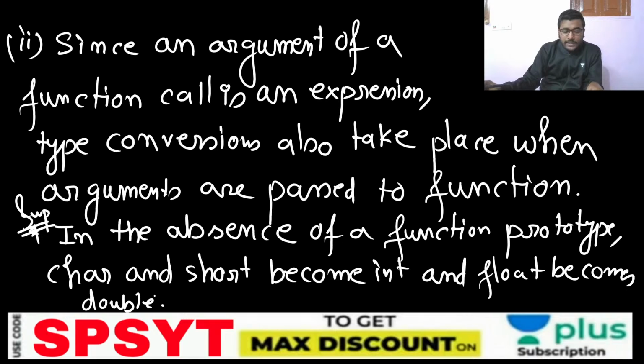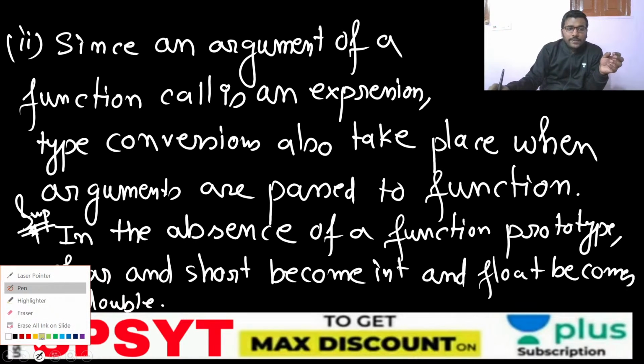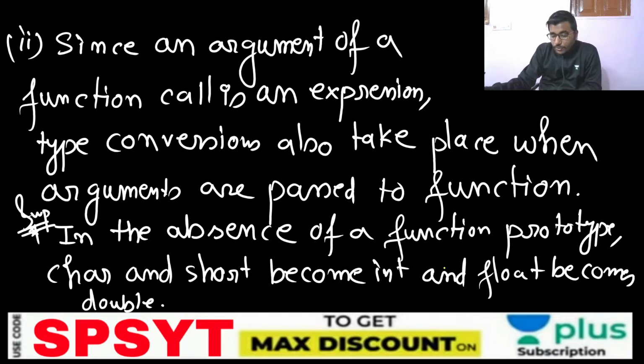That's why we have declared function arguments to be int and double, even when the function is called with char and float. Because if you have not given a function prototype, char and short will become int and float will become double.